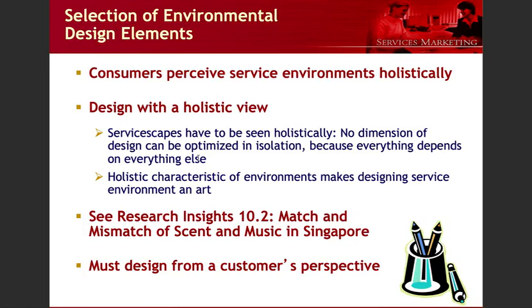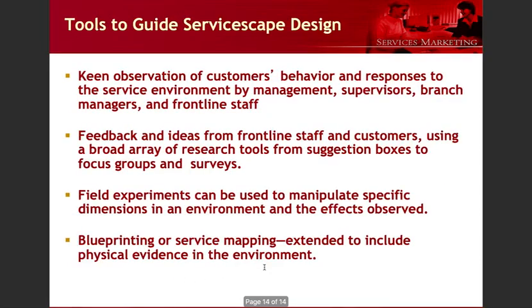So it is called holistic. And the holistic characteristic of the environment makes designing a service environment an art. Okay, and this is an example, if you look at the book, there is a match and mismatch of scent, this is scent as a smell, and music in Singapore. So scent and music, smell and music is very important. This must be designed from a customer perspective.